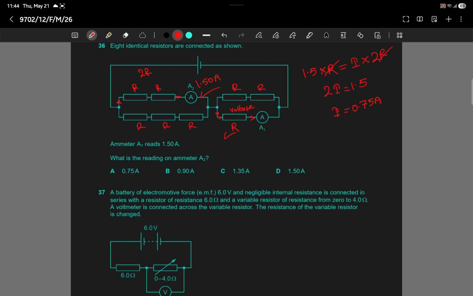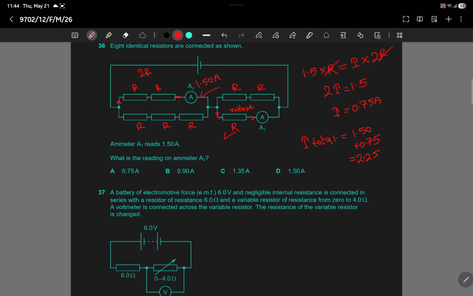So what is the total current that's flowing? The total current is 1.50 plus 0.75. This is the total current actually flowing in this whole circuit.